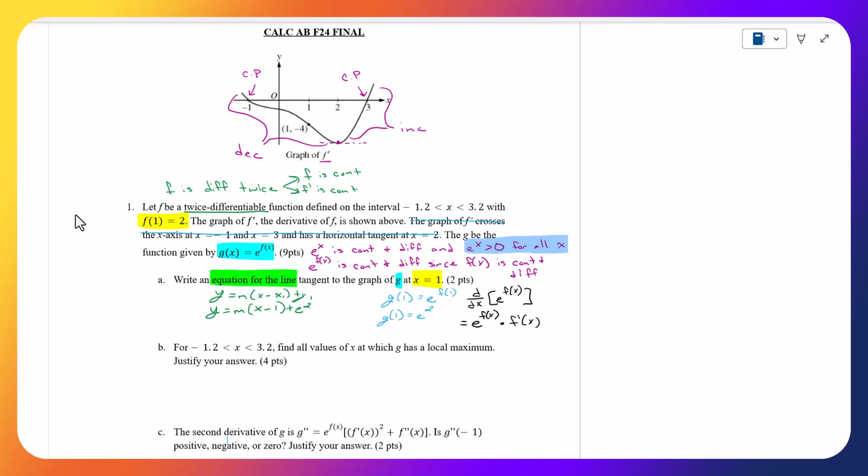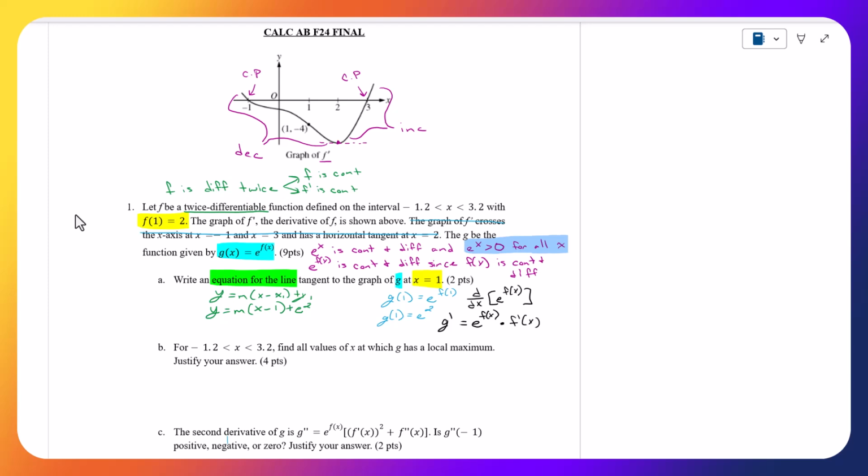Okay, and just to be really clear, this is g prime. So we found that g prime equals e to the f of x times f prime of x. That is one of the things that I was looking for. Let's do lilac.